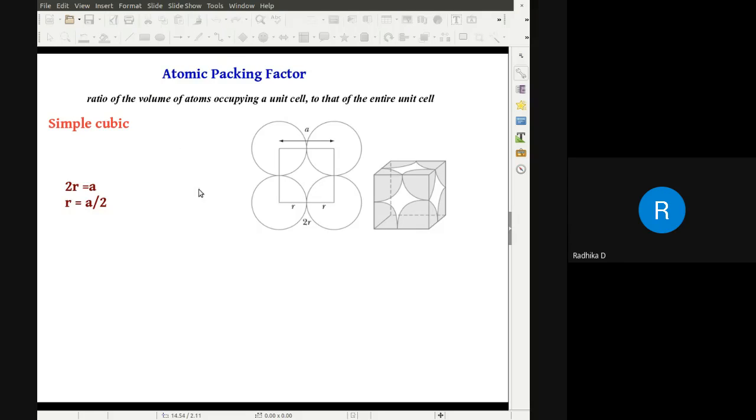That means if I consider one unit cell in a cubic system or any crystal system, instead of saying how many atoms as a count, I'm saying volume of atoms. What is the volume of atoms which occupy that unit cell, and what is the volume of that entire unit cell? If I take a ratio of that, I will get the atomic packing factor.